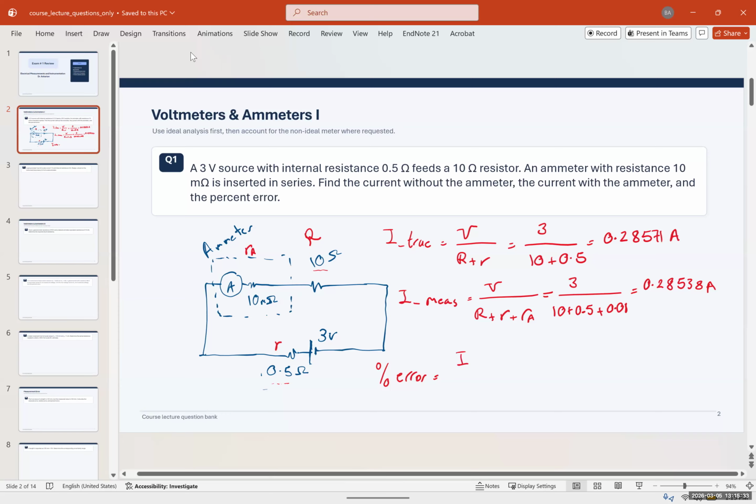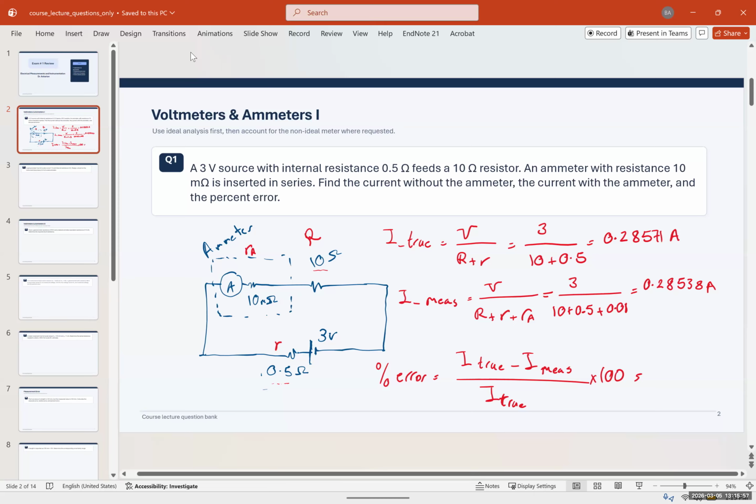Now the percentage of error would be equal to the true value, I true, minus the measured value, I measured, over the true value, I true, times 100.